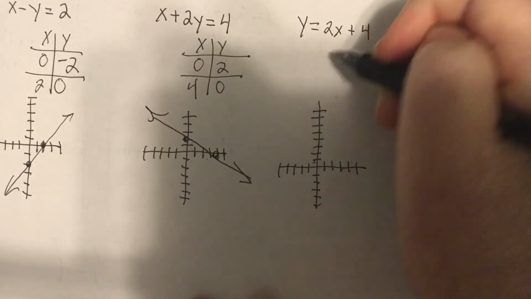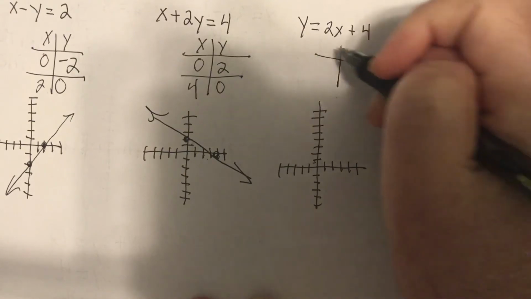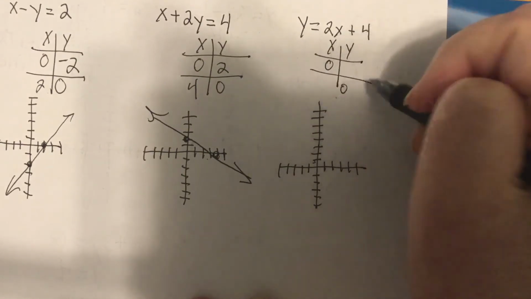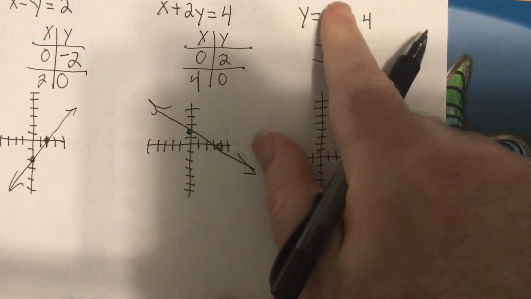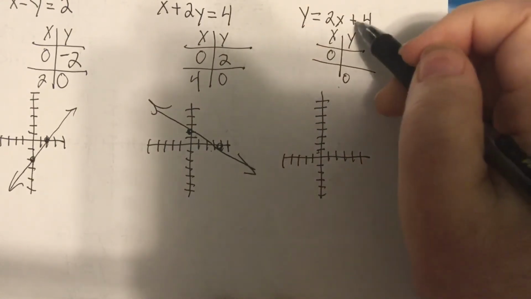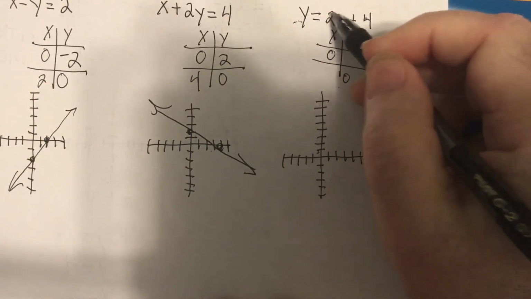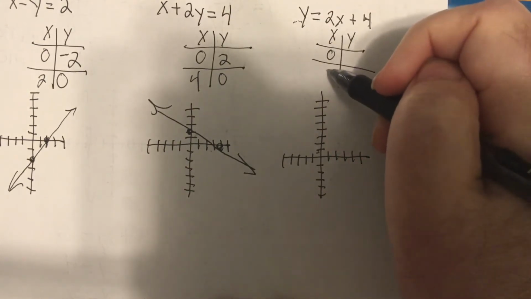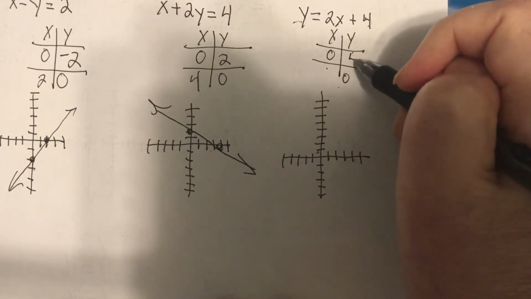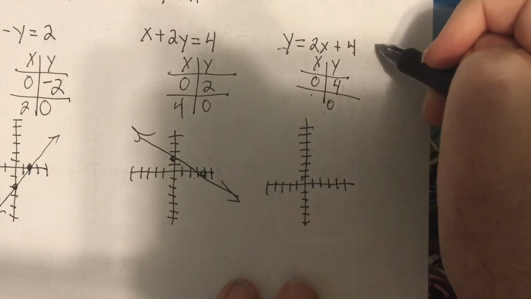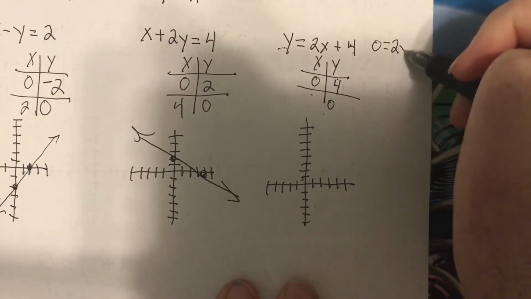So this one, a little bit more of a challenge. If x is 0, y is 4. So this is always called the y-intercept when it's solved for y, because when you put 0 in, that's your answer. Now, we got a little work to do. If I put 0 in for y, got to actually solve it.